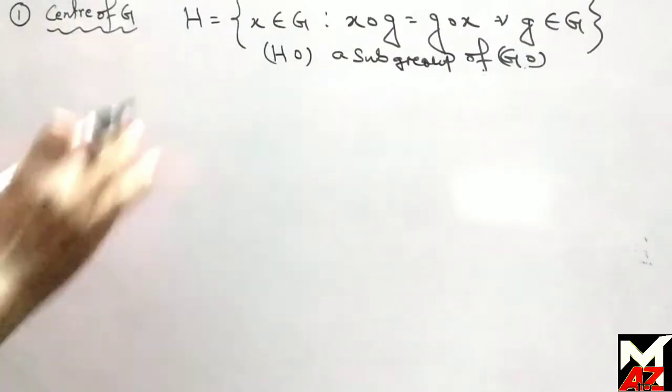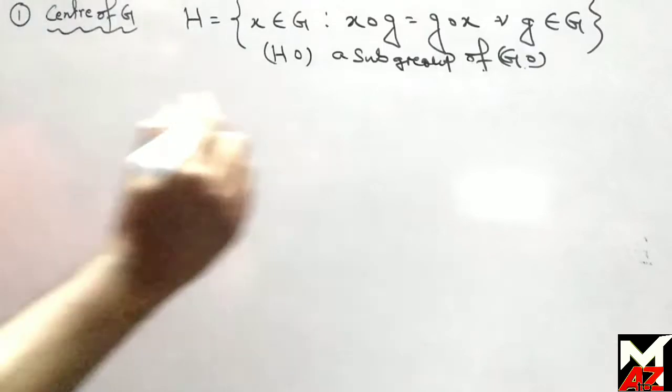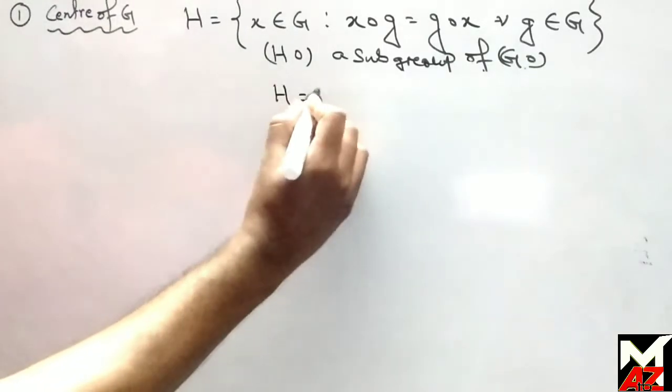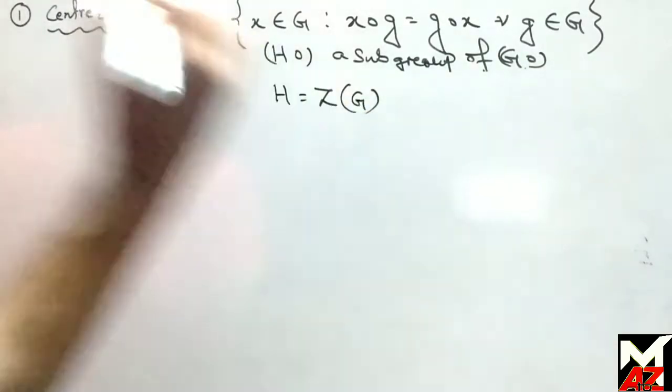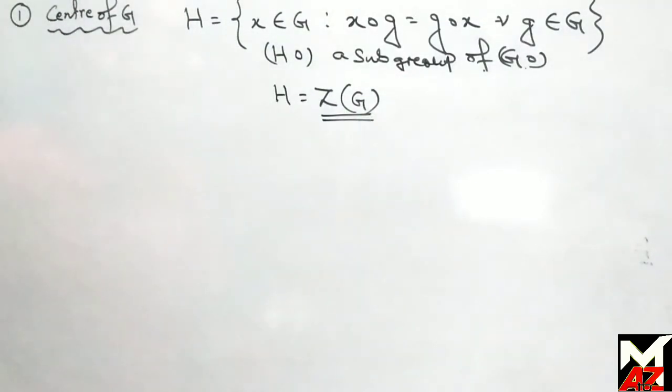And this subgroup is denoted by Z of G. This is the standard notation of the center of the group.